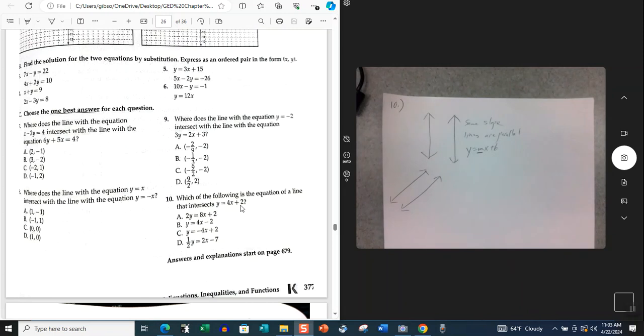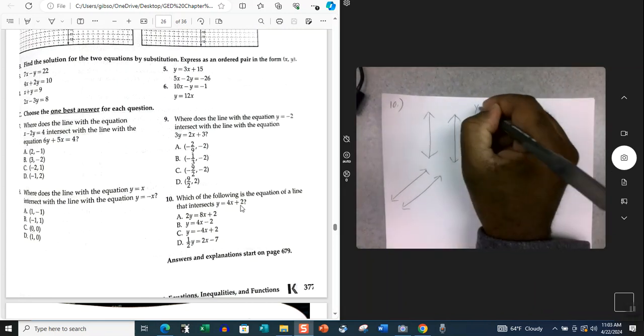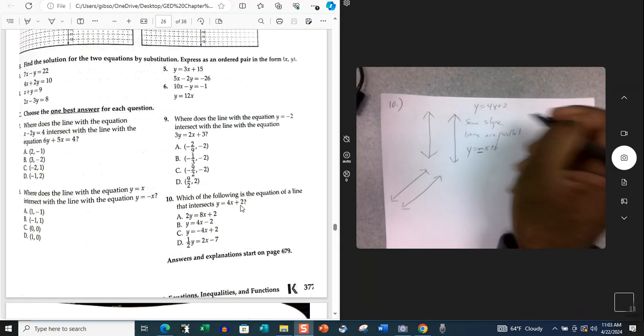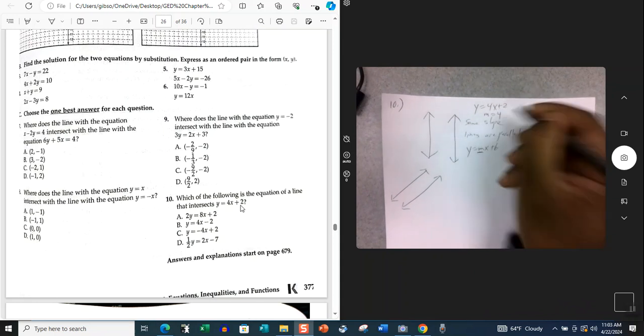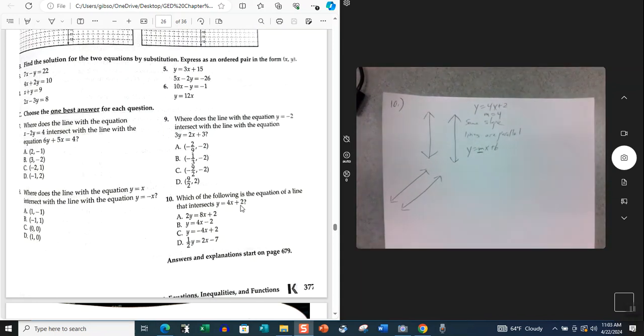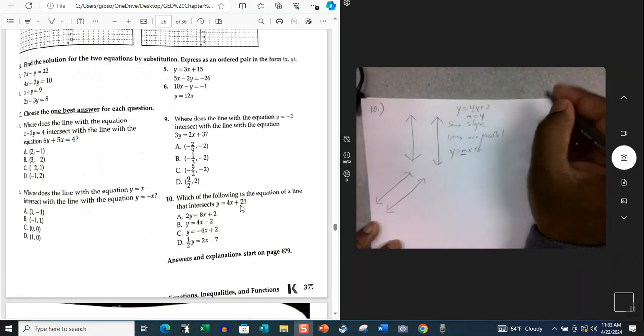Since we have y equals 4x plus 2, we know the slope here is 4. So if any of these lines' slope is 4, that means we cannot use it. Any of the other equations that don't have a slope of 4 would end up intersecting. So let's look at A first.